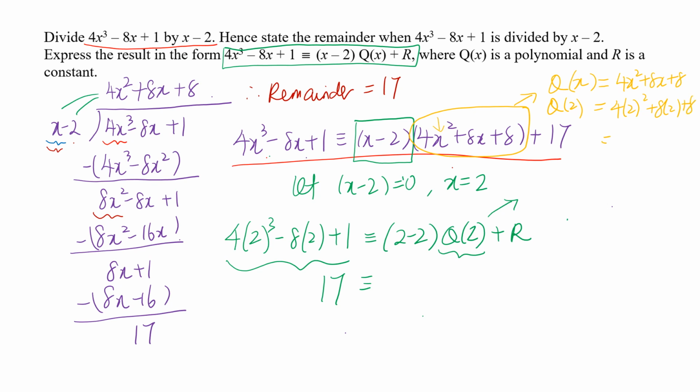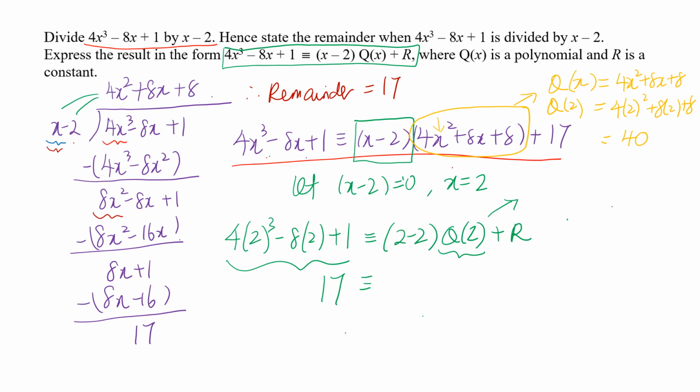If you use your calculator to work it out, you get 4 times 4 minus 16 plus 16 plus 8, which gives you 40.